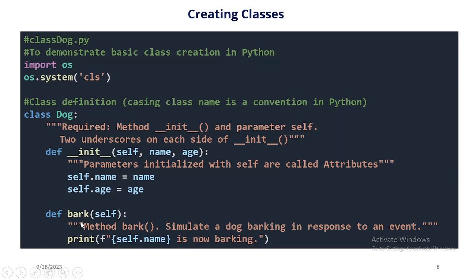So when you define this function bark, you are likely going to write a comprehensive program under it that actually makes the dog bark, produce the barking sound. It's going to be more elaborate than this. But since we are not doing robot programming here, let's make it simple. We just print a message that says self.name is now barking.